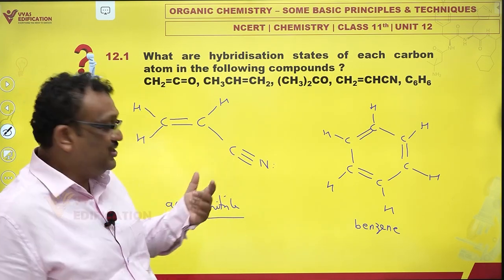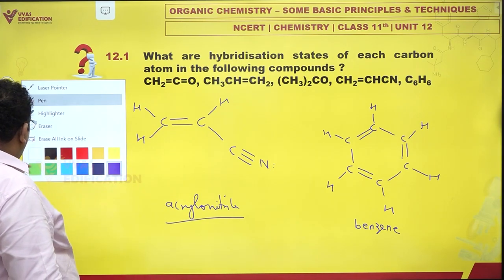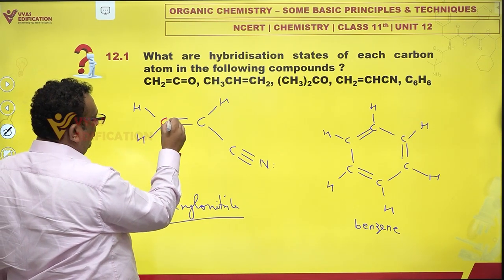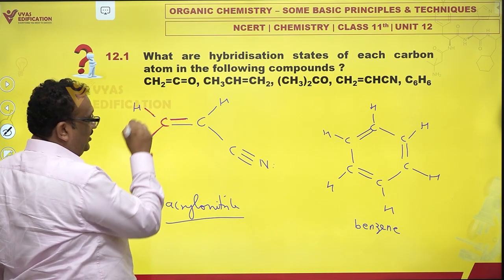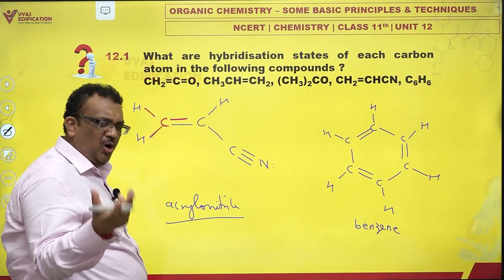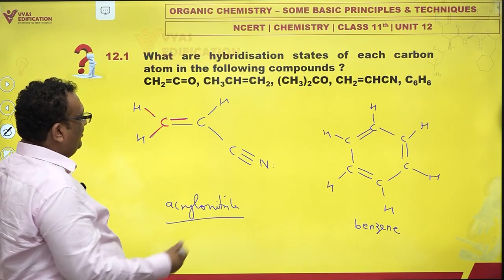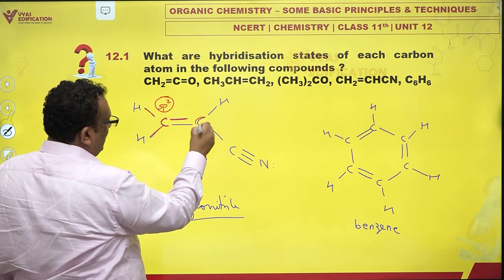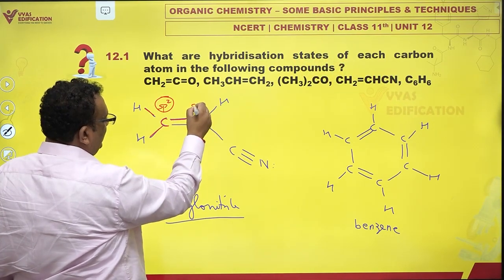How do we get the hybridizations? Not very difficult. All we need to do is look at this carbon again. 1, 2 and 3: 3 sigma bonds, carbons normally don't possess lone pairs anyway. This is sp2. This carbon 1, 2, 3, again sp2.